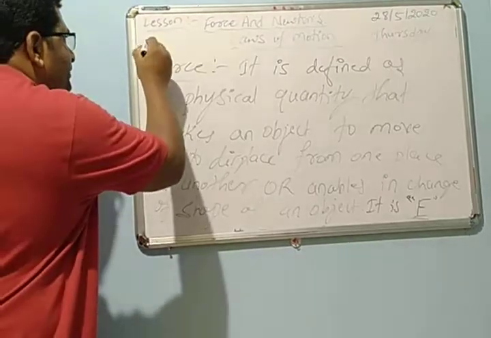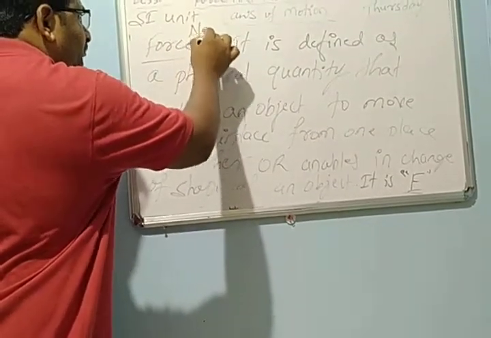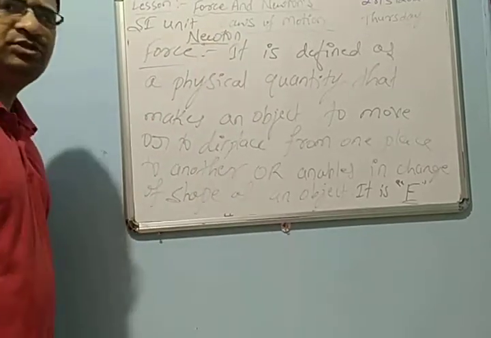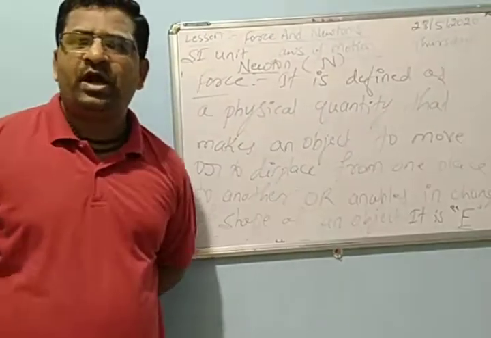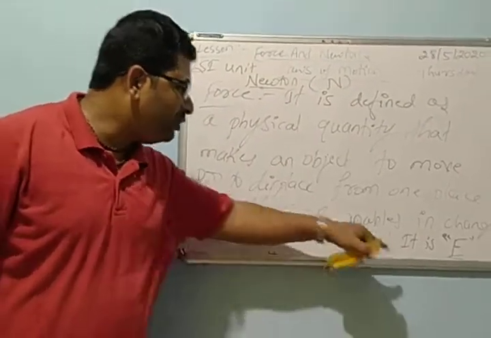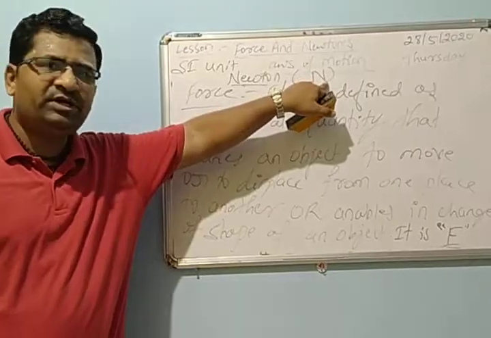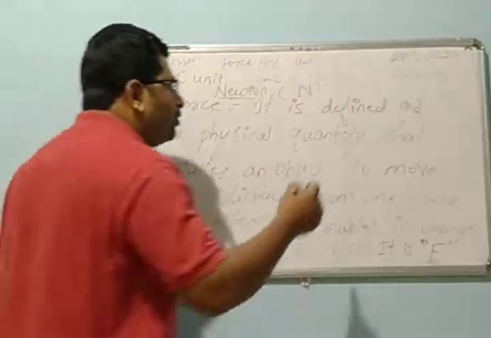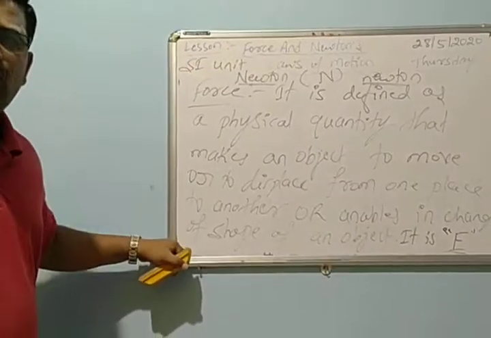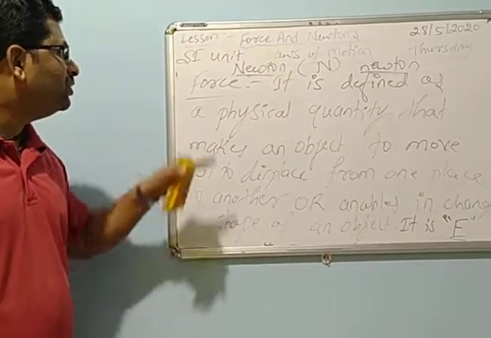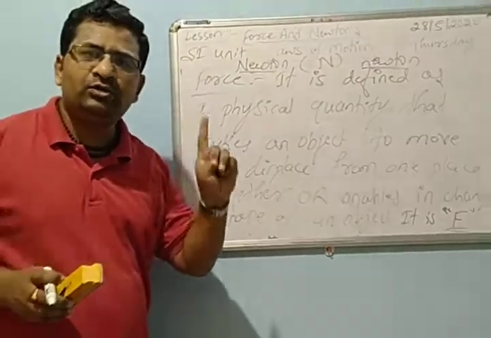The SI unit of force is the Newton, and symbolically that is capital letter N. You should be perfect in the definition of force, how it is represented by capital letter F, and the SI unit Newton, symbolically represented as capital letter N. If you want to write the SI unit completely, it is written Newton. So this is the definition of force.